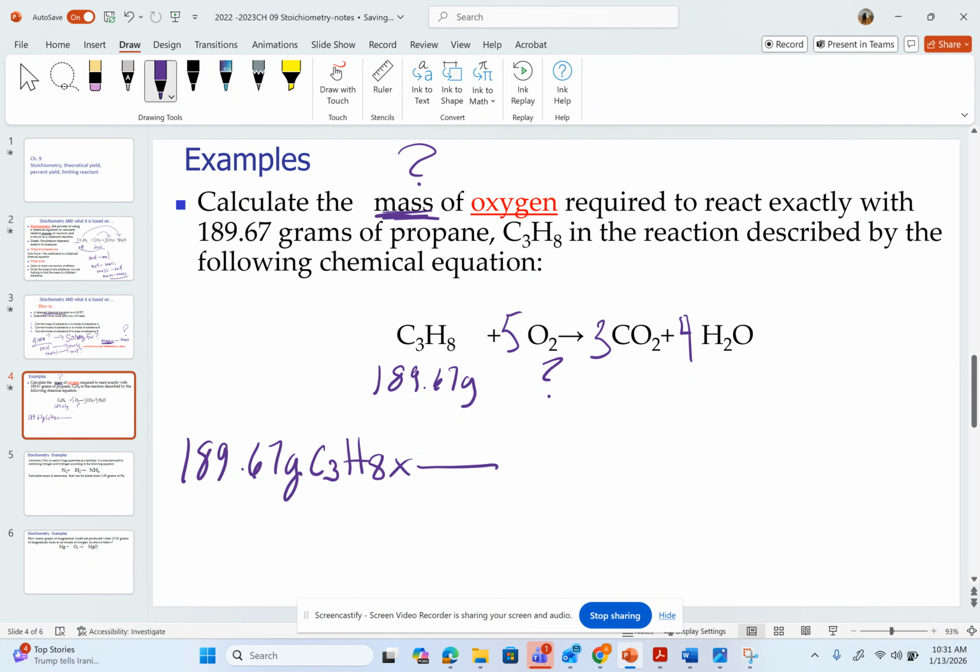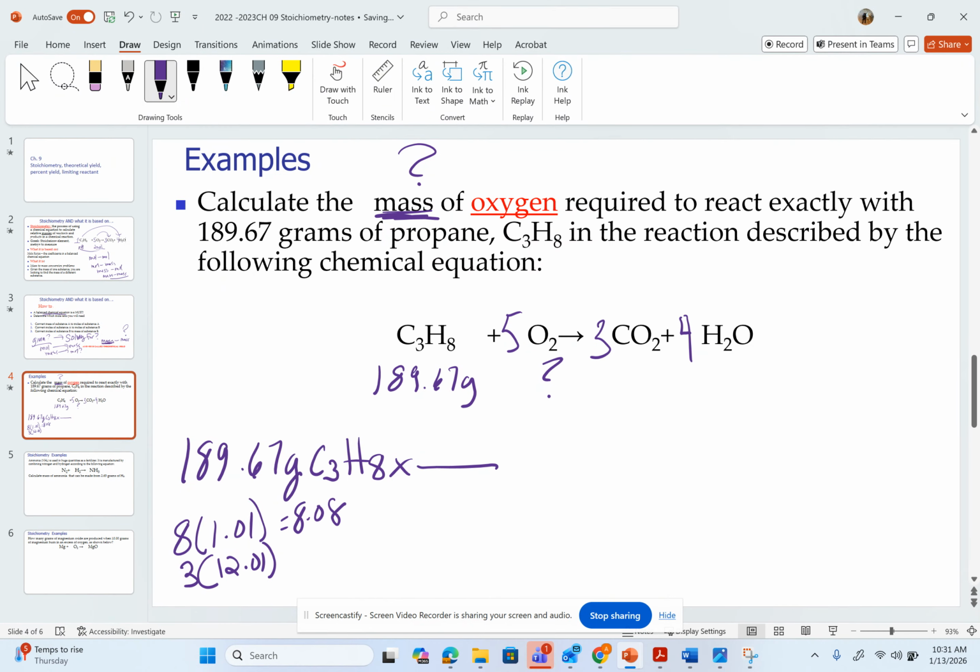So I'd have to go to my periodic table. I have 8 atoms of hydrogen, each at 1.01. I have 3 atoms of carbon at 12.01. So this is 8.08.